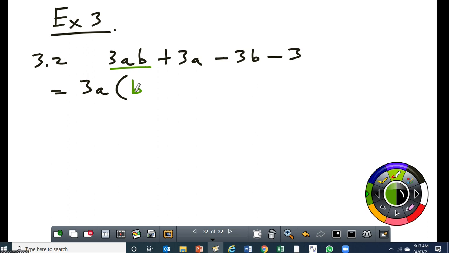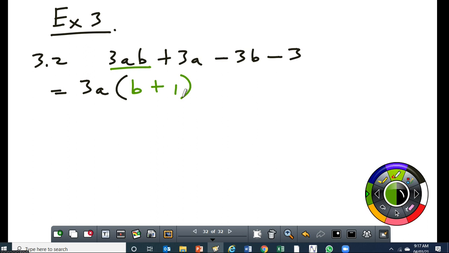And that b is a positive b. So you divide the first term by the common factor, you get that. Then you put a plus here, because there's a plus there. Then you divide the second term by the common factor, and you get a positive 1. It's not complicated. As long as you know how to factorize by a common factor, you shouldn't have any major problems.